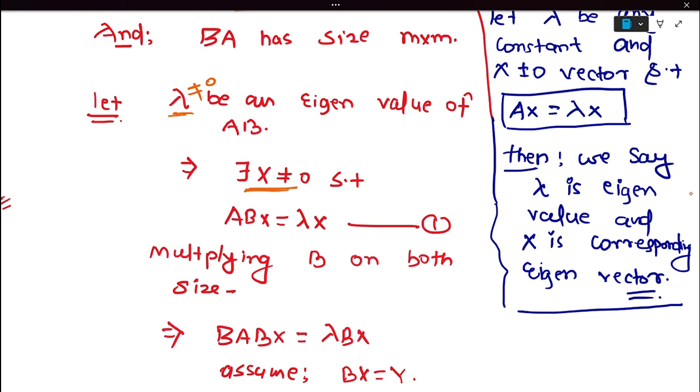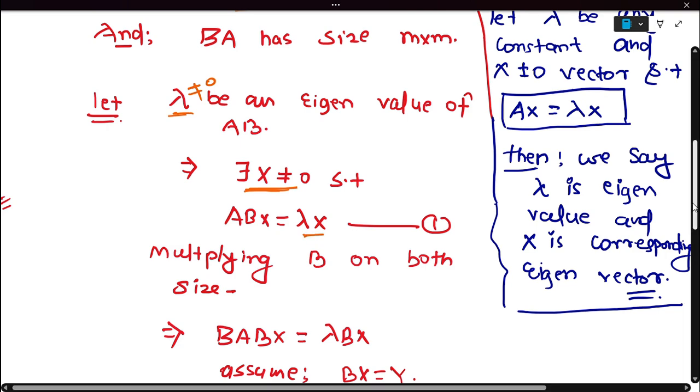such that ABx equals lambda x, by the definition of eigenvalue.